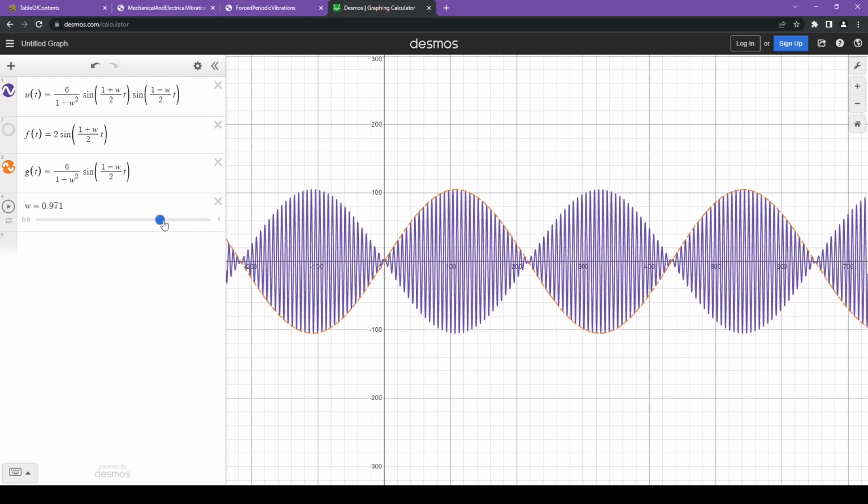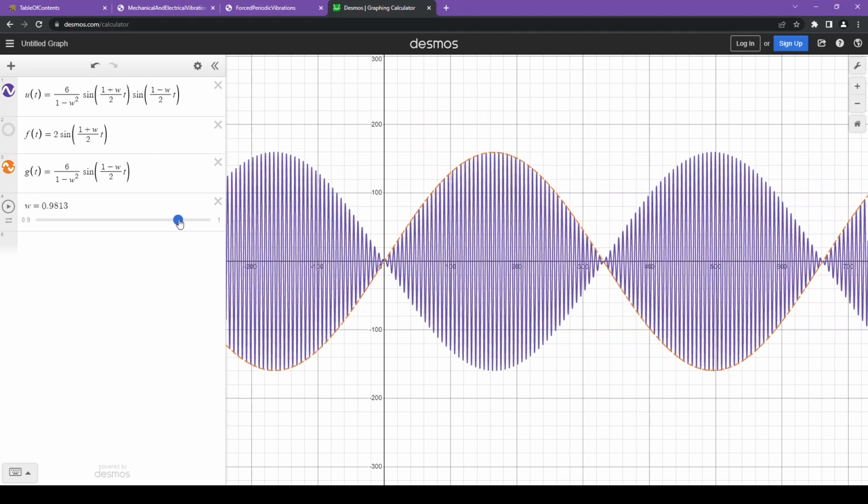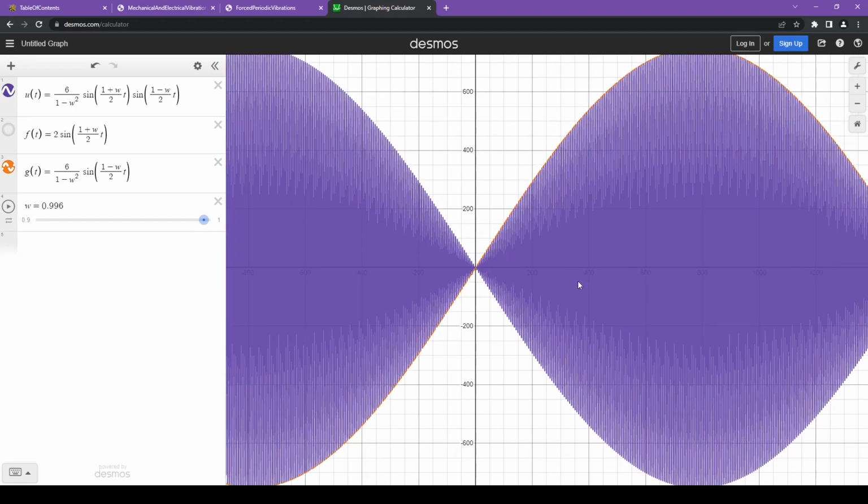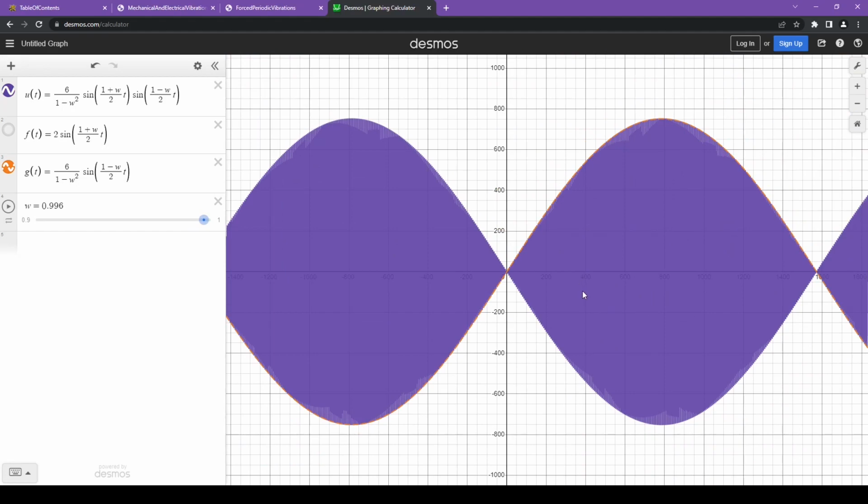Look at those amplitudes. It keeps going.